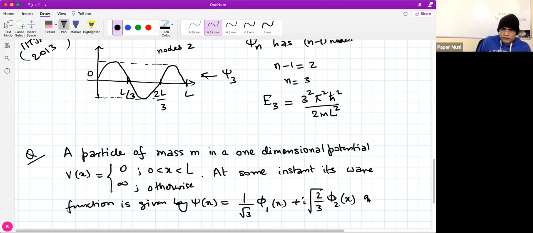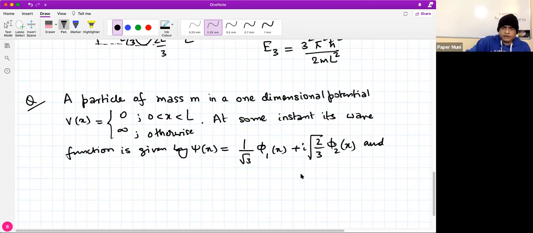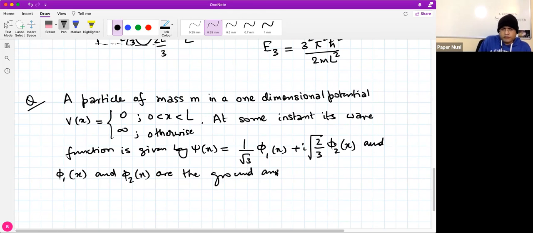Here phi 1 and phi 2 are the ground and first excited states respectively.